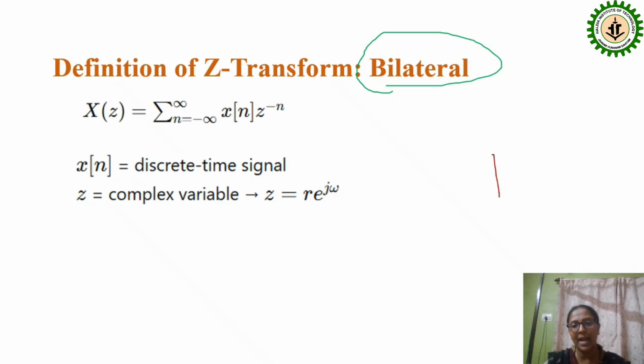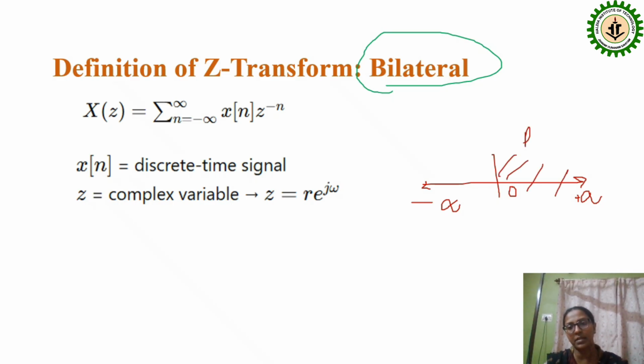If I draw this, this is the origin 0, this is plus infinity, and this one is minus infinity. From 0 to plus infinity is the right side.